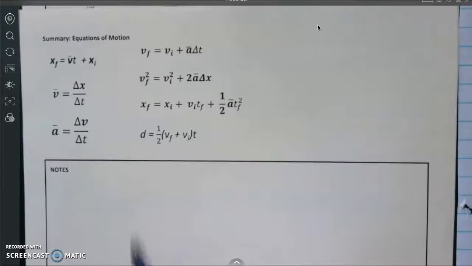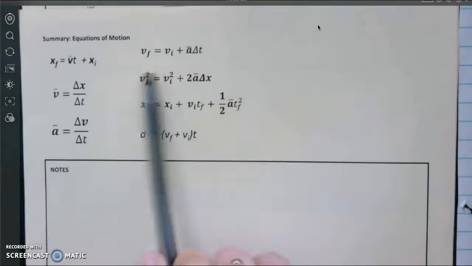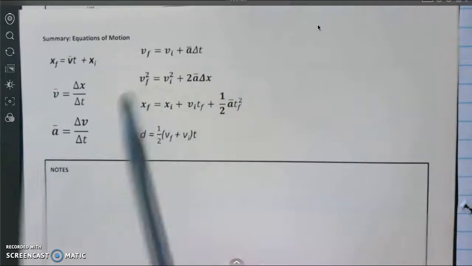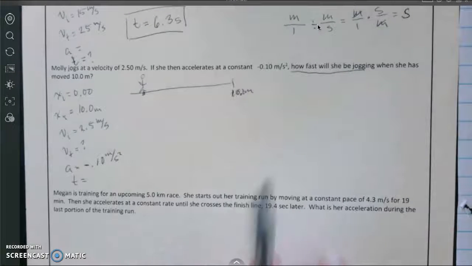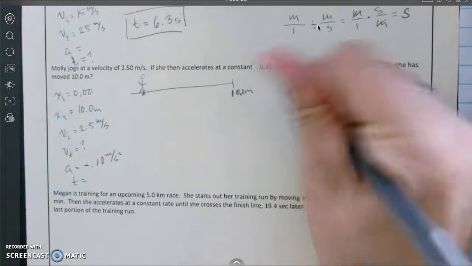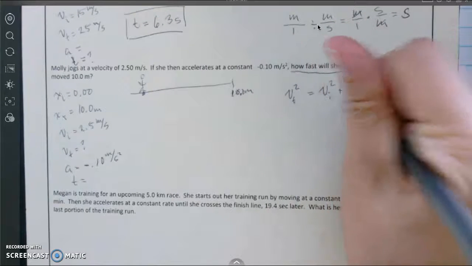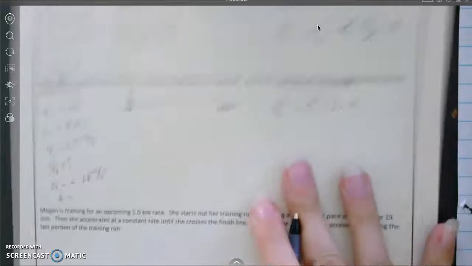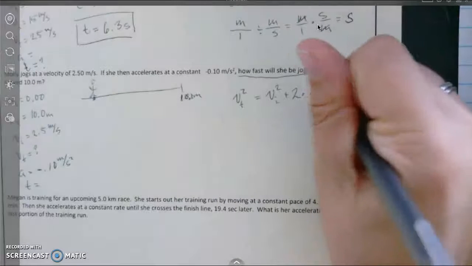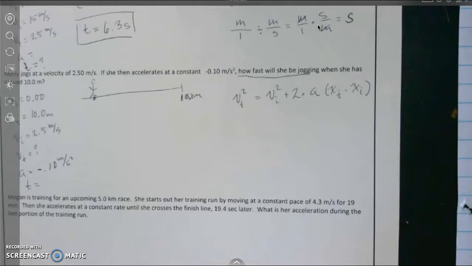So when I look at this, that one has time, that one has time, this one has time, this one does not, and it has a velocity final. So the equation that I'm going to work with is velocity final squared is equal to velocity initial squared plus 2 times acceleration times delta x, which is just x final minus x initial. Okay.